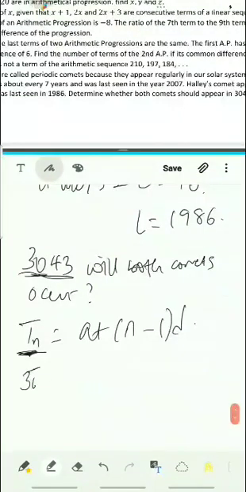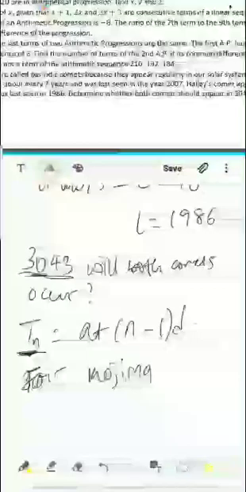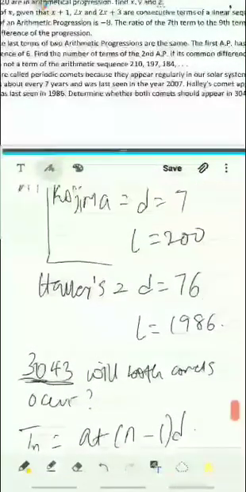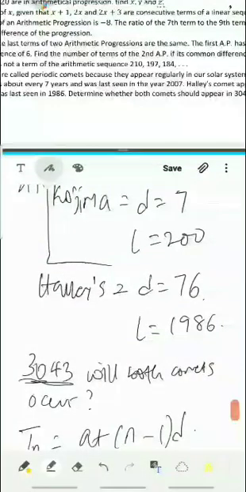Let's work for Kojima. For Kojima, 3043. What is A? Our A in this case is when it was last seen, the year 2007. So we're going to be projecting. The next time will be 2014, followed by 2021, and so on.